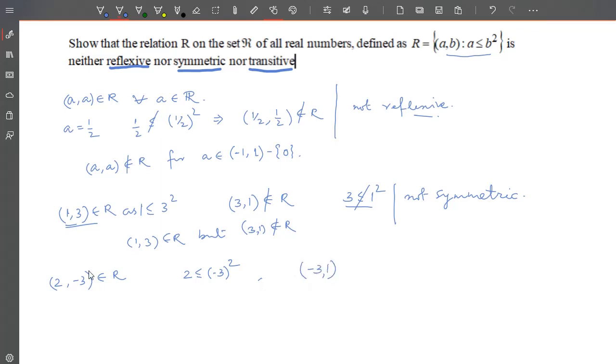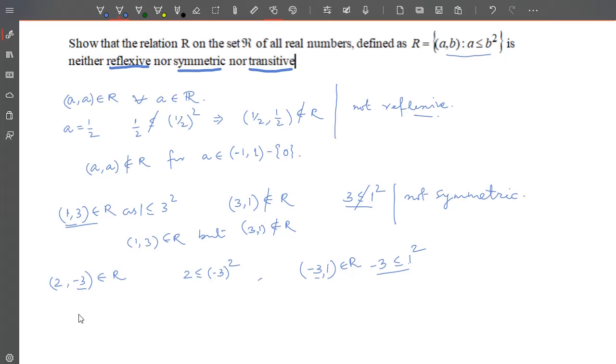For transitivity, where you end this, you have to begin from that element. Are they related? Let us check. Minus 3 is less than or equal to 1 square. Yes, that is true. So they are also related.